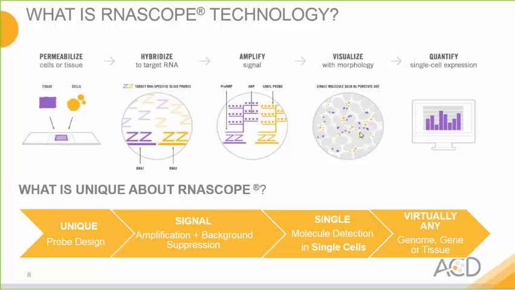The result of this is a highly sensitive assay that's capable of achieving single molecule detection at a single cell level. And this assay is also highly universal. It virtually works for any genome, any gene, in any tissue. So how is this simultaneous signal amplification and background suppression achieved?